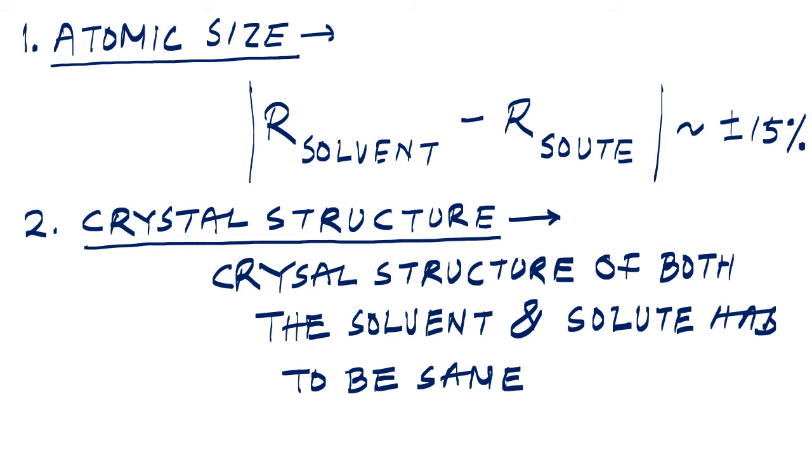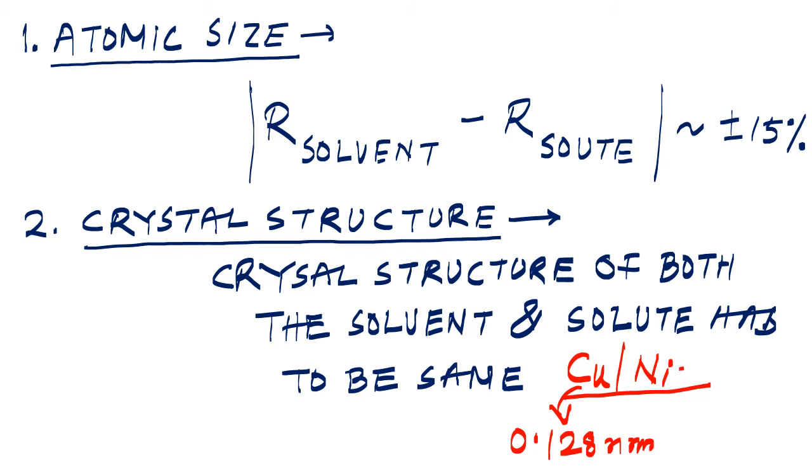Copper has an atomic radius of 0.128 nanometer, whereas nickel has 0.125 nanometer.